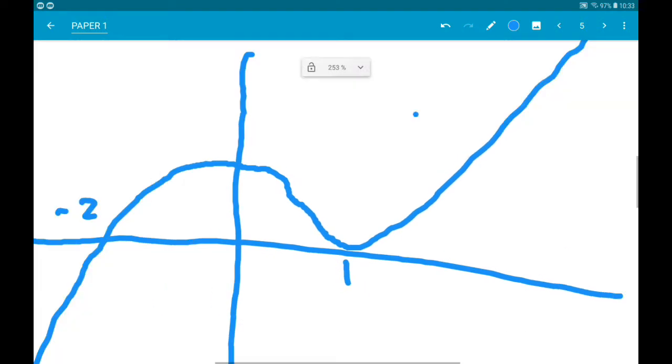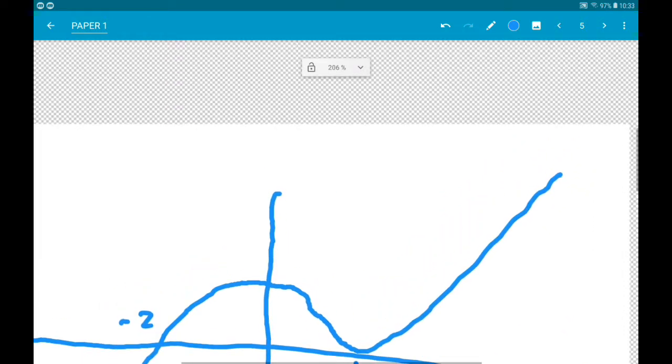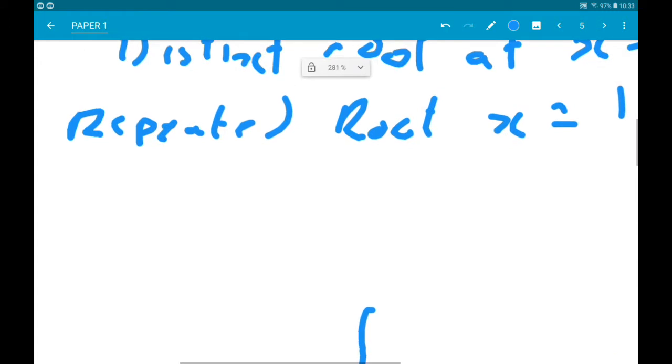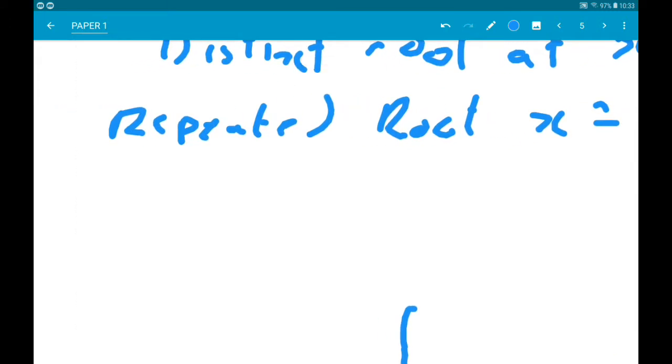Now for the y-intercept, we know that we have x plus 2 times x minus 1 times x minus 1.